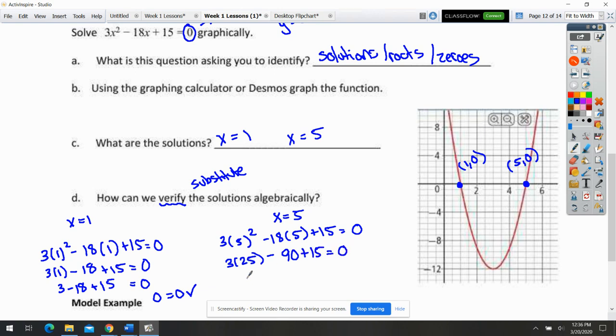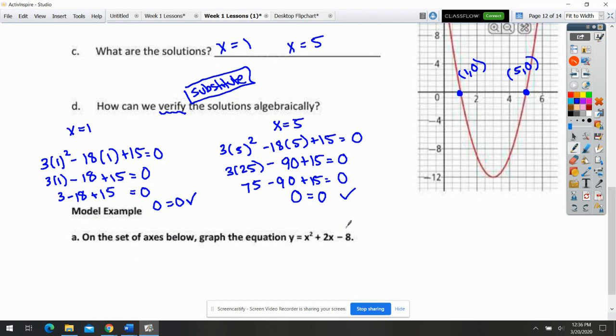Then 3 times 25 is 75, minus 90 plus 15. And that happens to equal 0. And that's how we can verify the solutions.